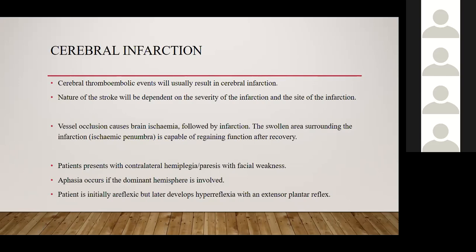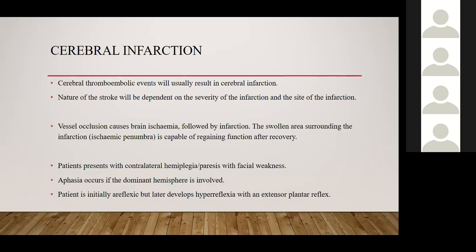So if you test, and whatever the problem is, you get the great toe and the other toes going up, that means you have an extensor plantar reflex. It means that the great toe and the other toes have extended. If it comes down, it means it has flexed.